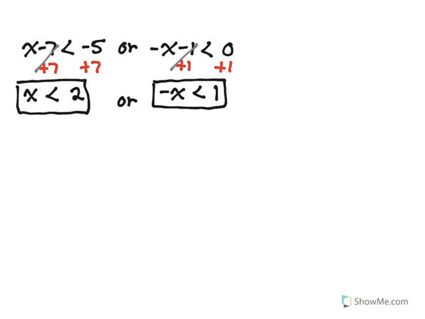Actually, before I officially box it, I'm not finished yet. That was negative x less than 1. We can't have negative x solutions, so we're going to have to divide by that invisible 1. Okay, so the negatives cancel, and then you're just left with x is negative 1 here.